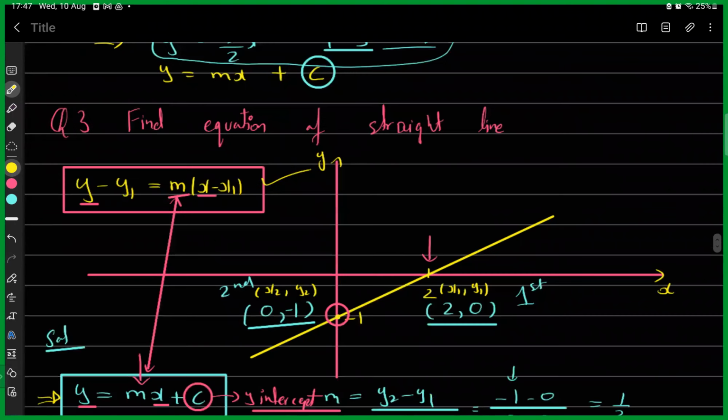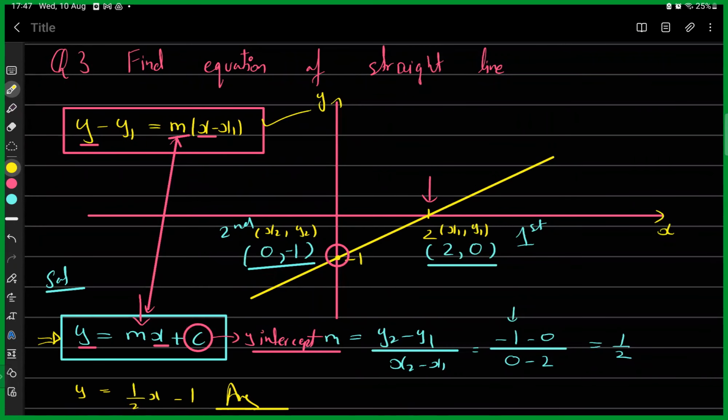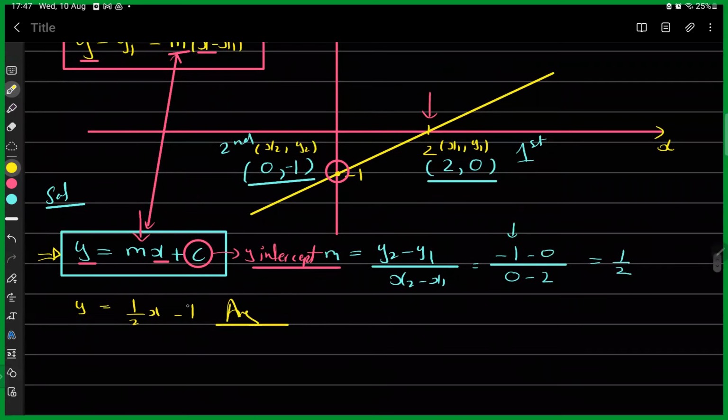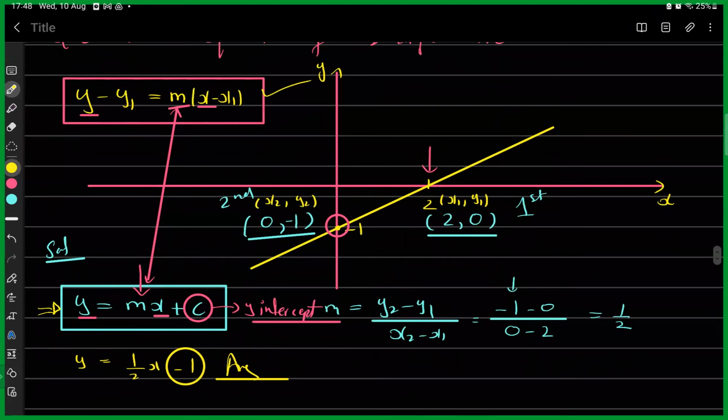The yellow line is cutting the y-axis at -1. So this -1 was your y-intercept. The c is the y-intercept, and for c, I wrote -1. Okay. So y-intercept is just the y-coordinate of the point that is cutting the y-axis, basically. Yes. Is it clear now, Urva? Understood?